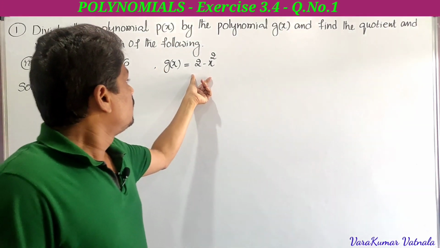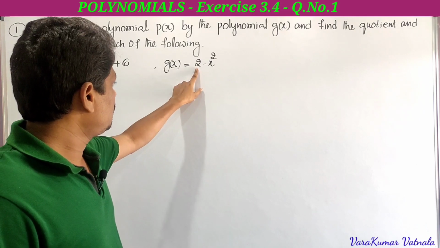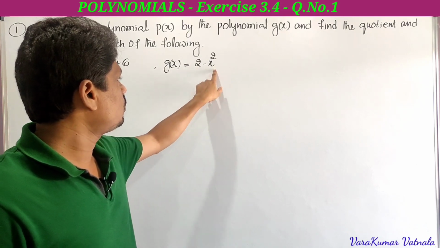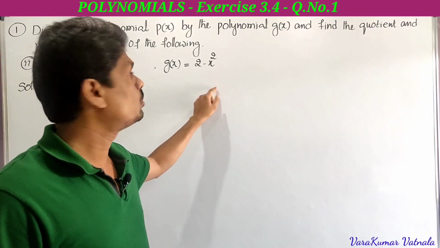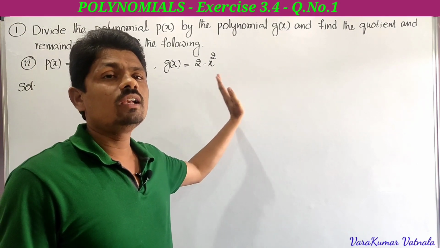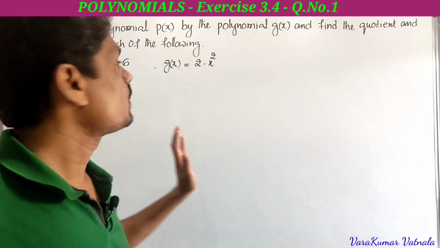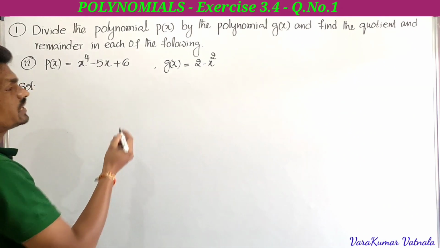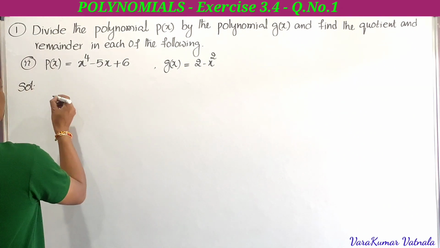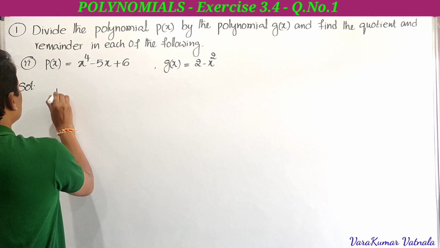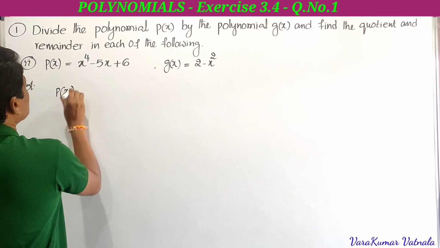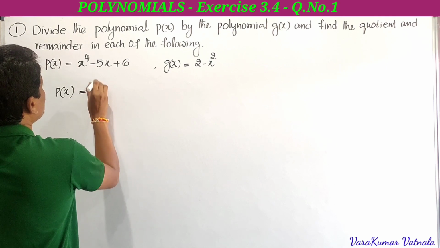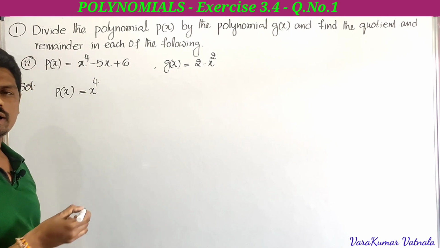Here in 2 minus x square, the degree of the constant is 0 and the degree of x square is 2, so it is not in its standard form. First we have to write p of x and g of x in their standard form. Here p of x is equal to x to the power 4, then there is no x cube term and x square term.